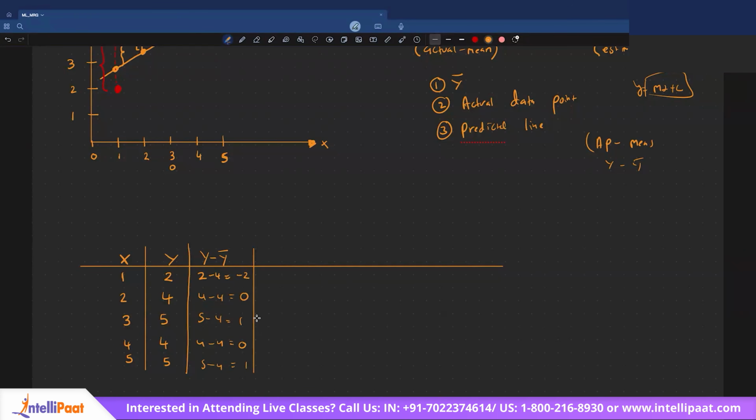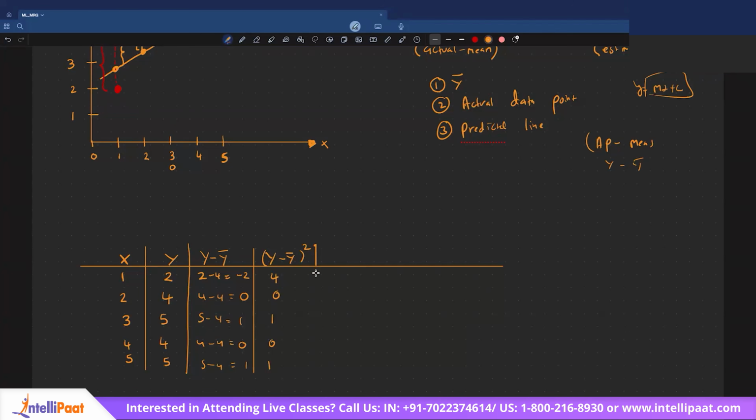Because the numbers could be both negative and positive, we don't want that. What do we do with those numbers? Whenever the number becomes negative, we square. So do we take Y minus Y bar the whole square? Does it become 4, 0, 1, 0, 1?